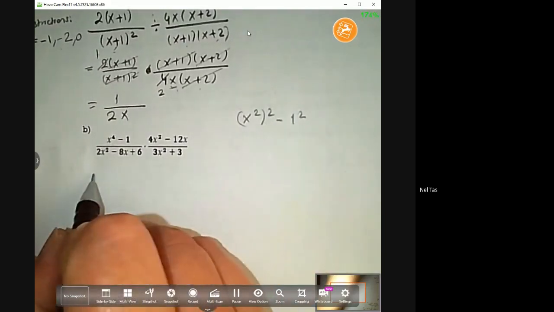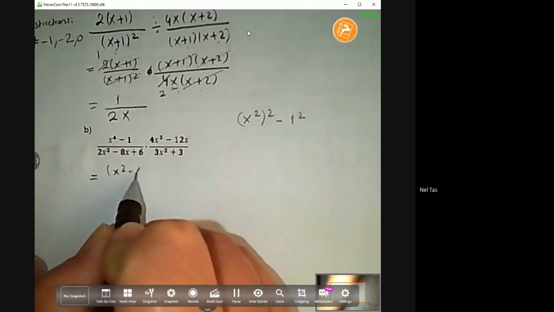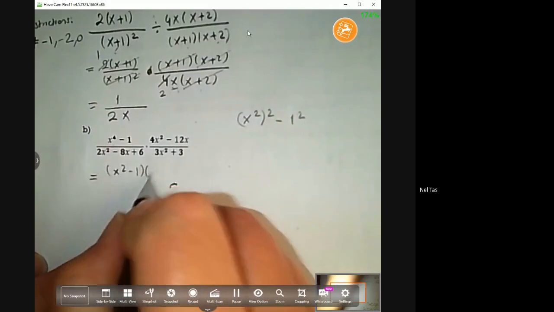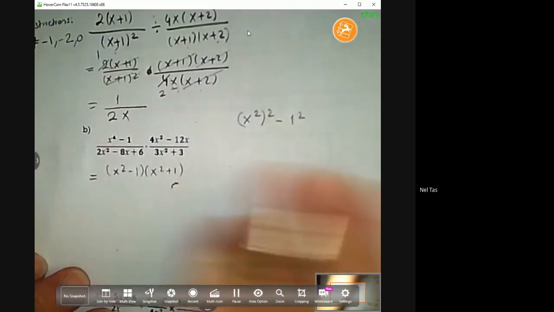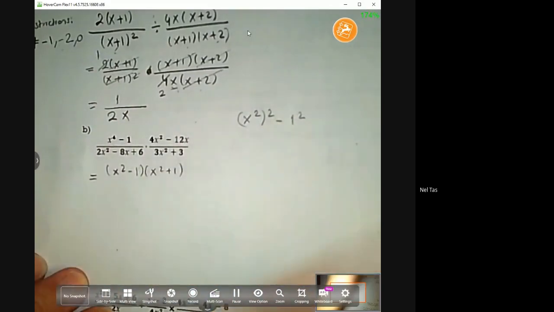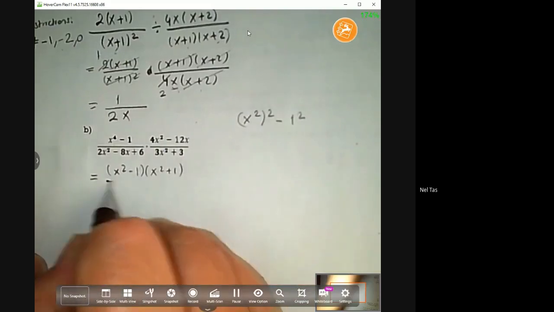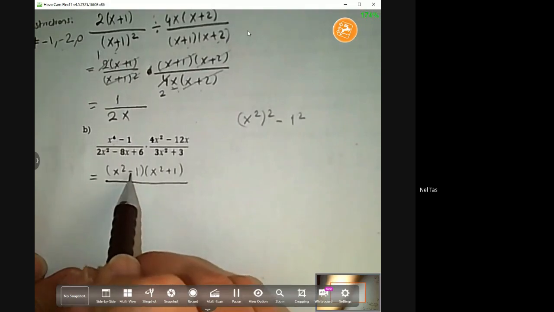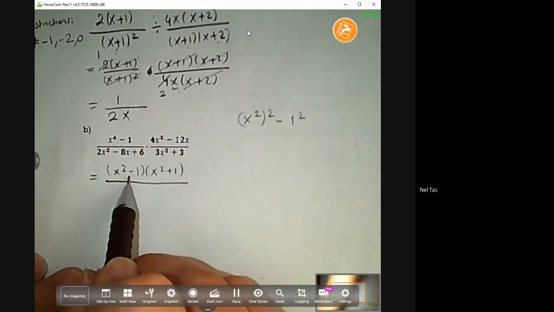So you factor it as (x squared minus 1)(x squared plus 1), divided by, actually, you can factor this further. X squared minus 1 is again a difference of squares. So factor it right away as well. That gives you (x minus 1)(x plus 1).